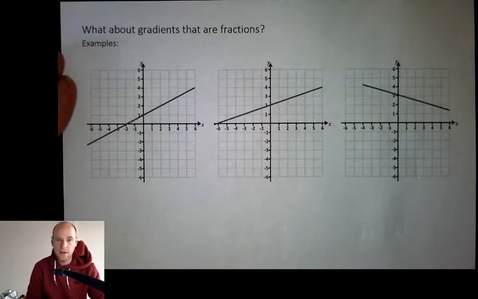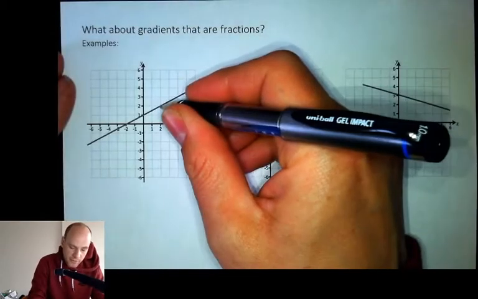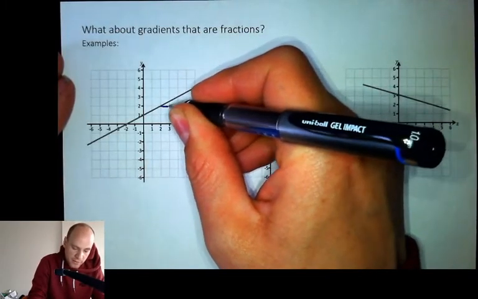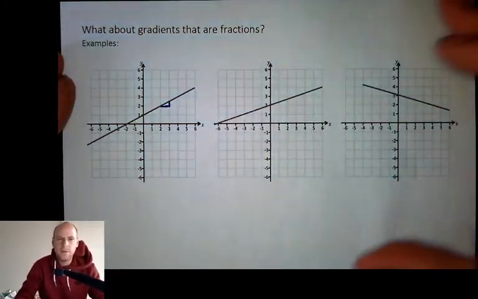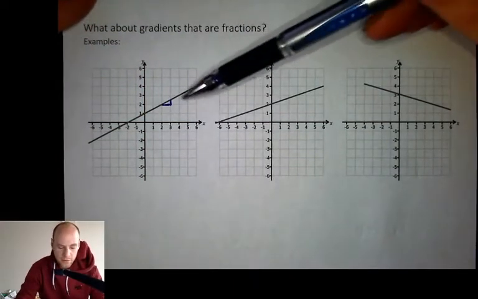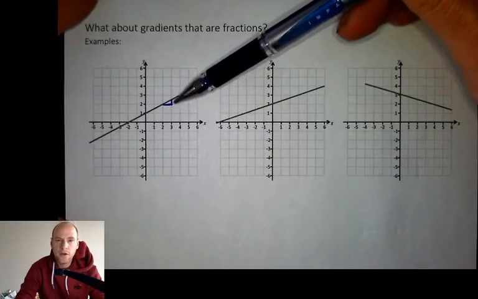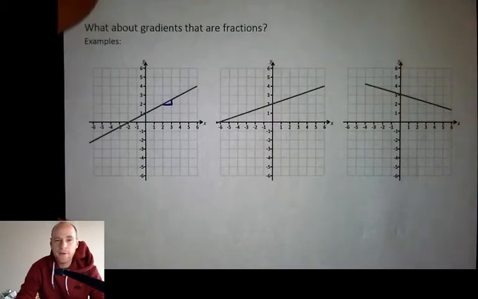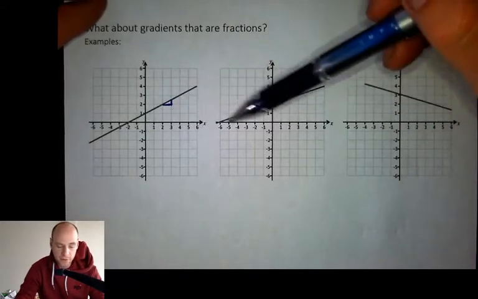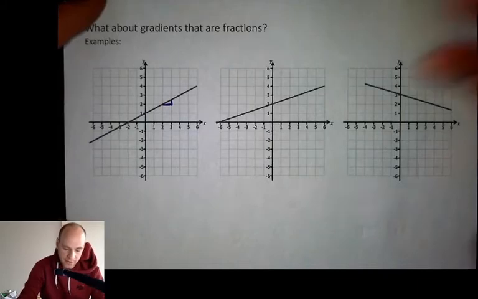So let's have a look at why that is. On this graph here, it gets quite difficult to spot when they're fractions. If I do the small little triangle like that, for every one that goes across, I think it's going up by 1/2, but it's really hard to spot. So you're going to need to use a bigger triangle to try and spot that relationship.